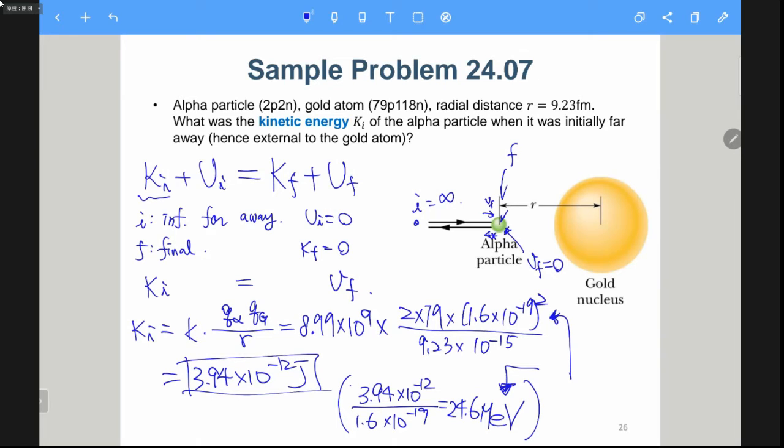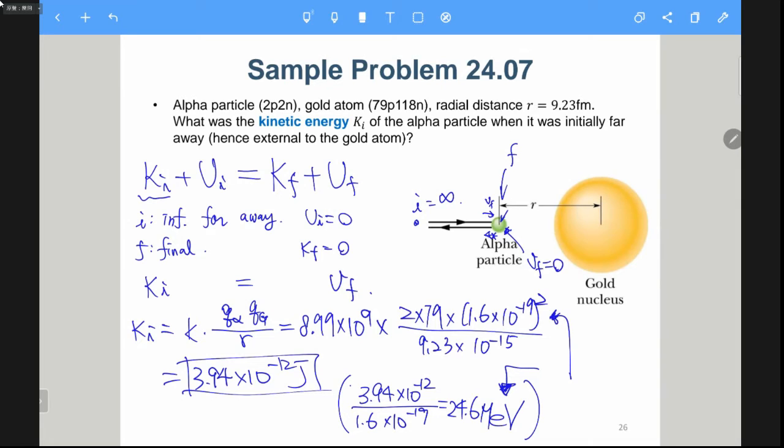Usually they use it like that because if you use the joule, the standard SI unit for energy, it is a very, very small number, 10 to the minus 12, something like that. So they try to normalize it using the elementary charge.